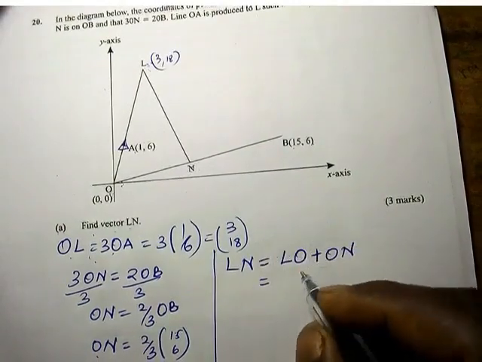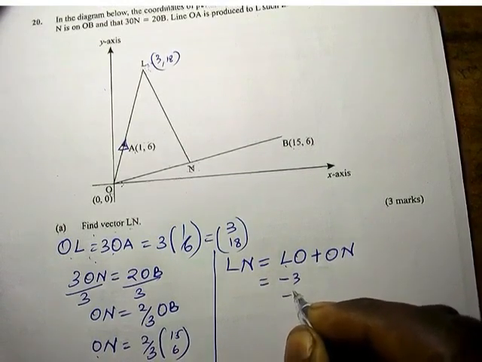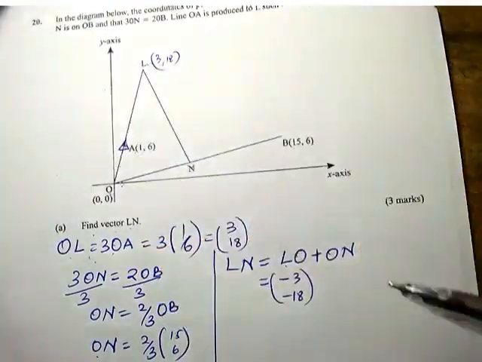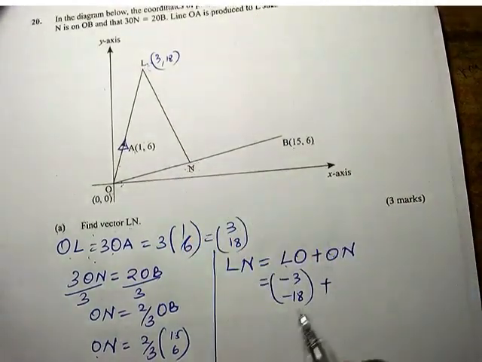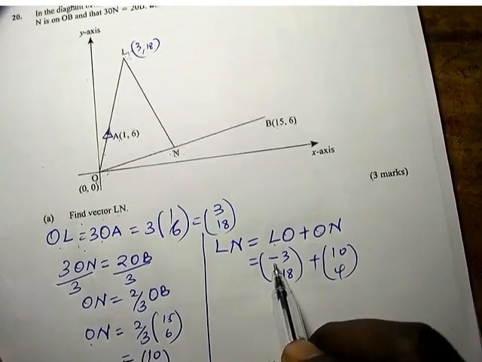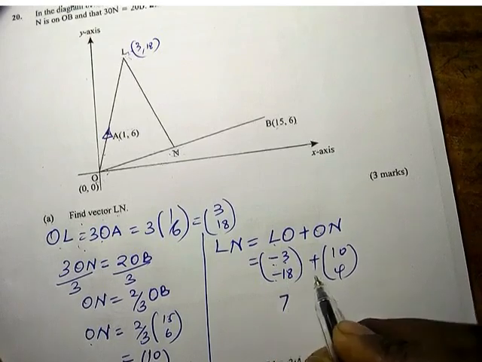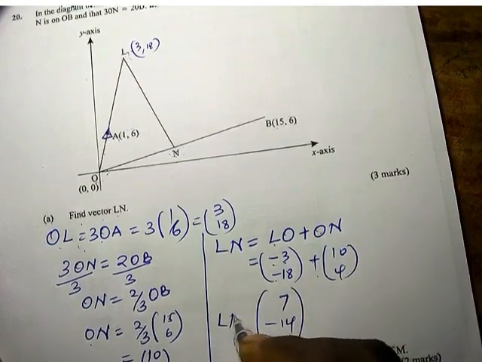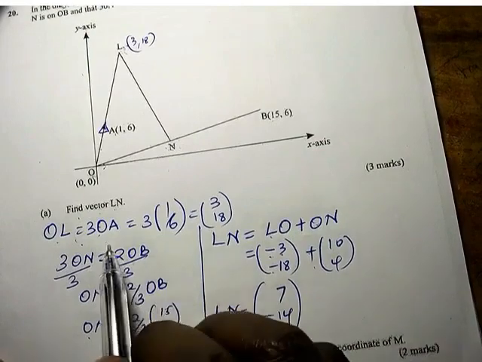So we are going to have LO, which is (-3, -18), because I'm moving in the opposite direction, plus ON, which is (10, 4). So -3 plus 10, the answer is 7. -18 plus 4, the answer is -14. So LN is equal to (7, -14), and that is the vector.